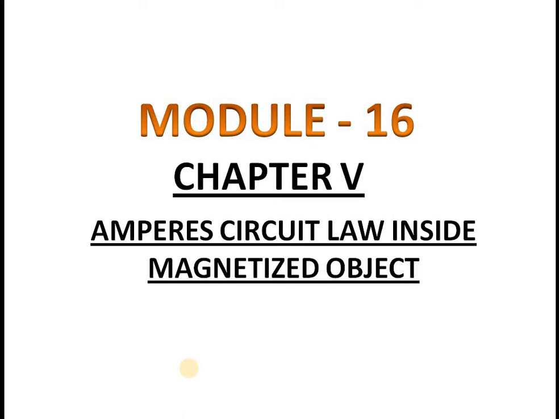So when these things come into Ampere's circuital law, the usual Ampere's circuital law, we discuss the line integral of vector B dot dl equal to mu 0 times I, where the current is a free current. That current is due to the electron current, and those electrons are free electrons. That free electron can move anywhere. But in a bound current, those electrons are not free.